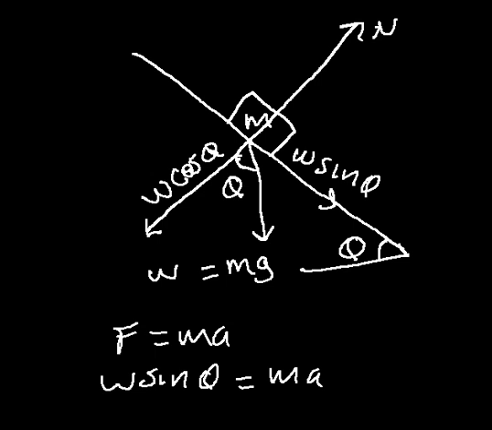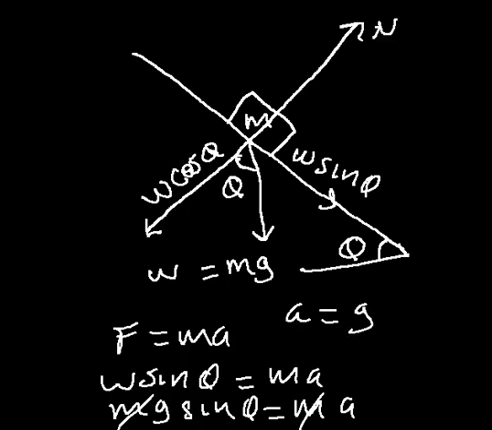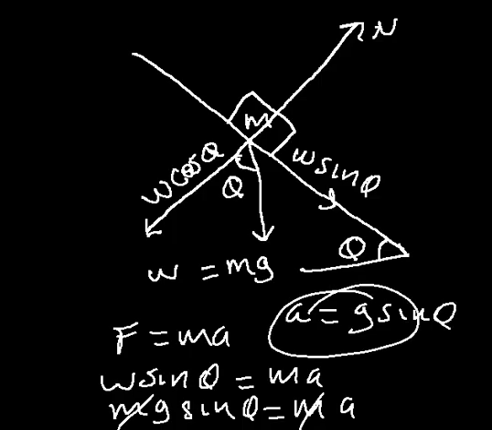Weight is given as mg, so mg sine theta is equal to mass times acceleration. In all cases, this mass is the same as this mass. Hence, acceleration is equal to g times sine theta. So this is how we can have the acceleration of the object as it is sliding down.